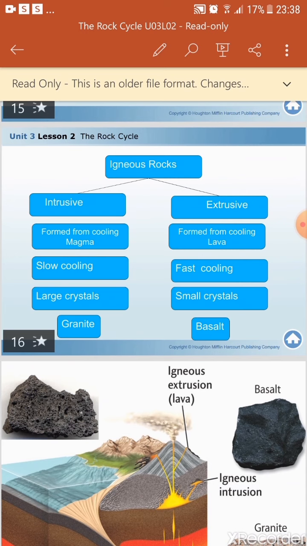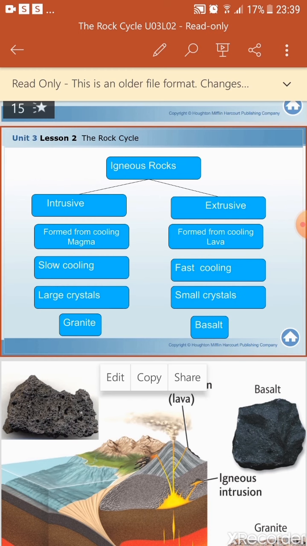We call the igneous rock, if it was formed from slow cooling, intrusive igneous rock. Intrusive igneous rocks are the igneous rocks that are formed from cooling magma. Cooling magma takes place slowly, so it will form large crystals or large grains.